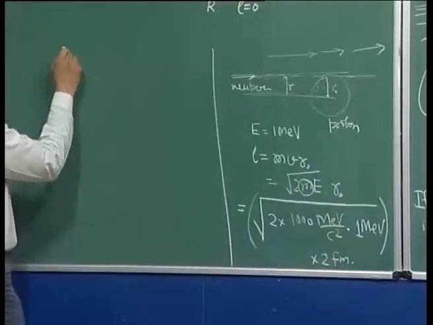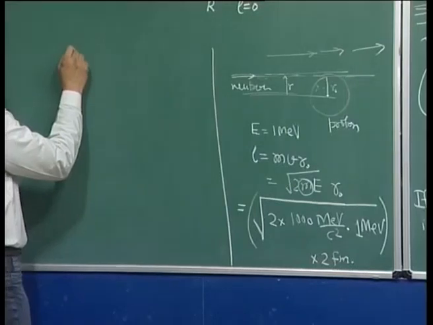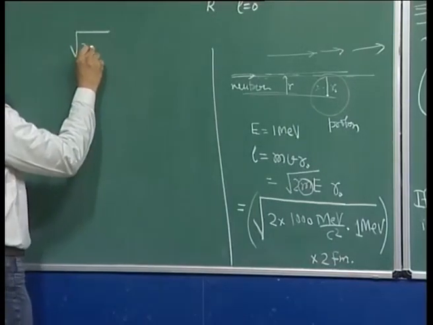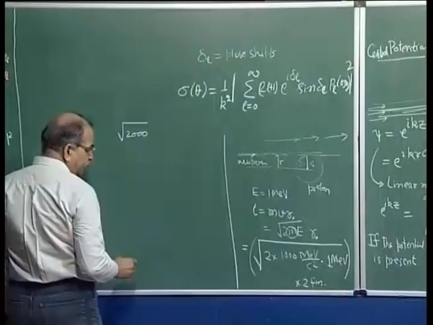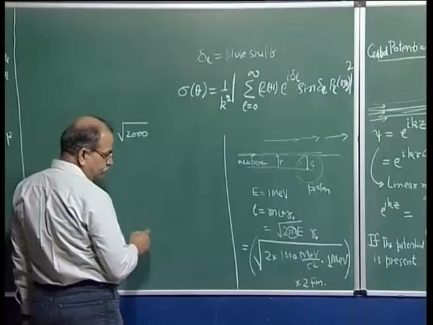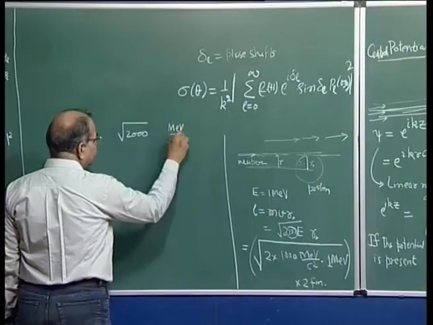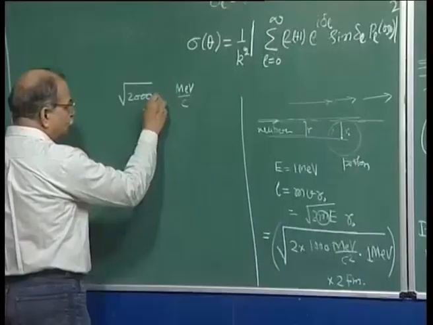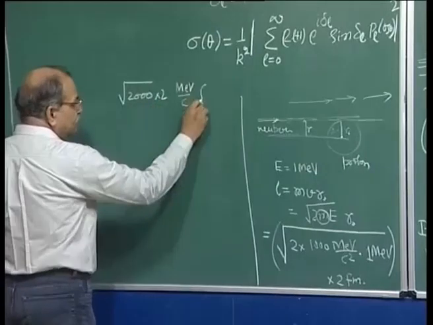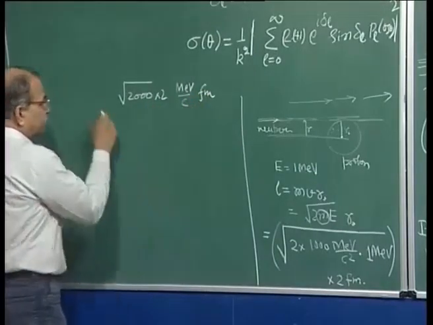Okay, so let us work it out. This will be the square root of 2000 MeV by c, MeV by c, and into 2 femtometers. That is the angular momentum.